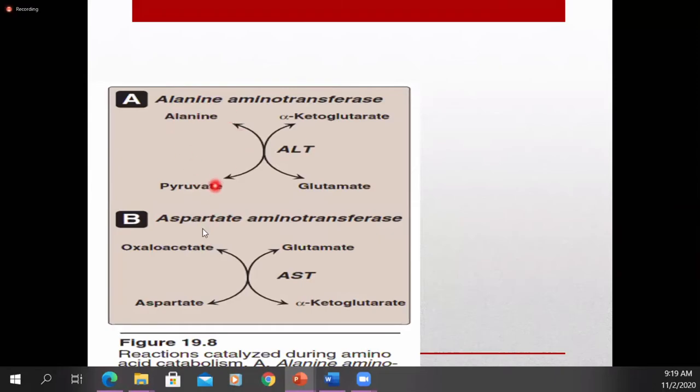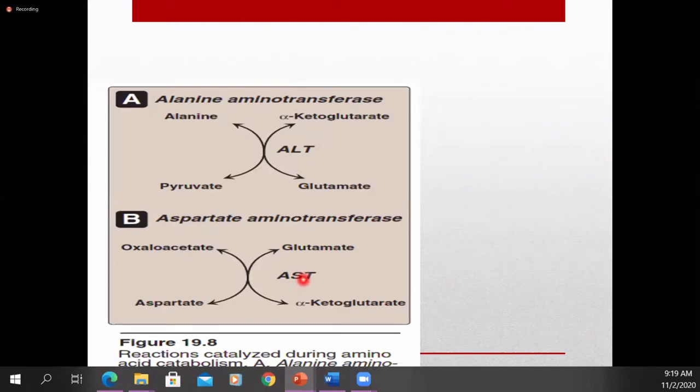From the starting amino acid we could generate different keto acids. So this keto acid and that keto acid depend on the enzyme and the substrate involved. This one is called alanine amino transferase, and this one is called aspartate amino transferase enzyme. And because amino acid metabolism is highly active in the liver, we will find a high concentration of these enzymes in the liver.